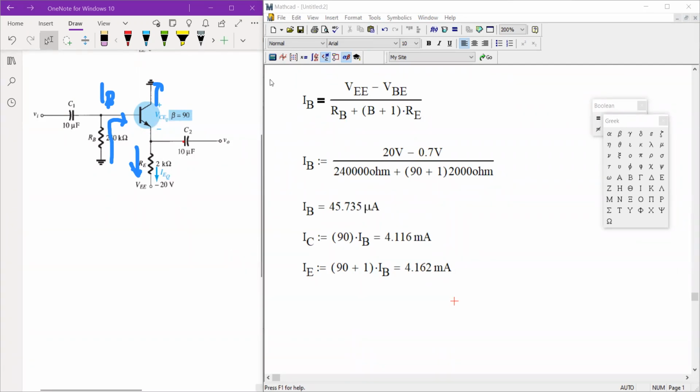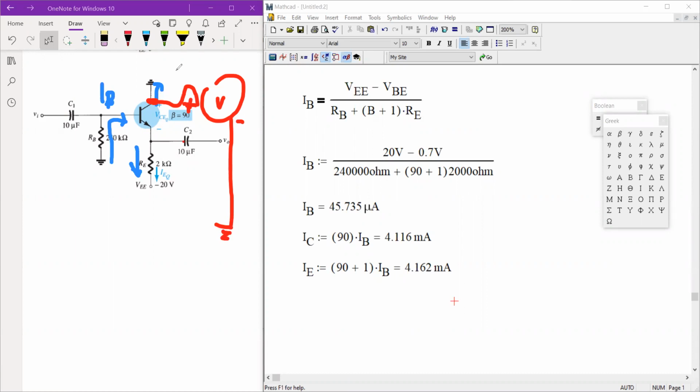Now to determine the terminal voltages, the easiest of the three would be V sub C. If you have a voltmeter and you would like to determine the collector voltage, you connect your positive terminal on your collector terminal and your negative terminal to your ground.